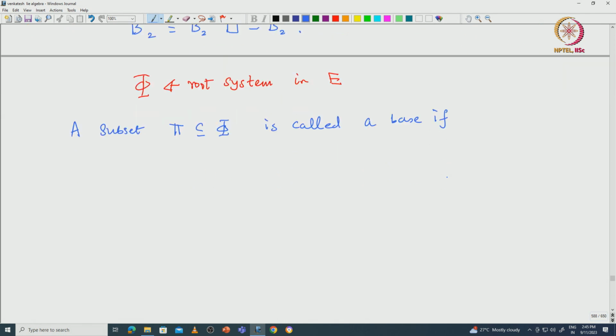What are the conditions? The very first condition we call the base 1 condition: this pi must be a basis of E.